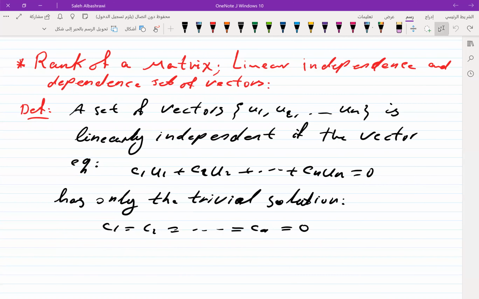So if this condition is satisfied with this solution, that all the constants are equal to 0, then we say that the set is linearly independent. Otherwise, we'll call it linearly dependent.